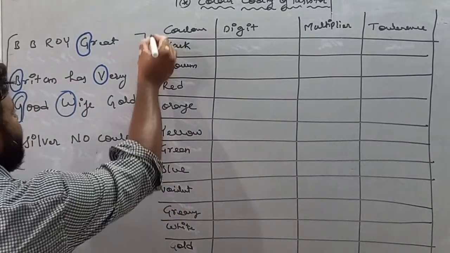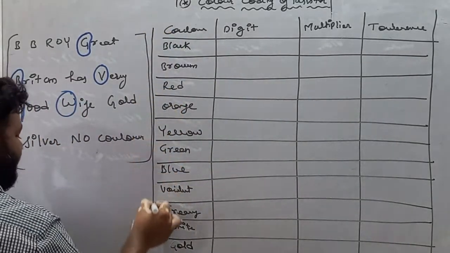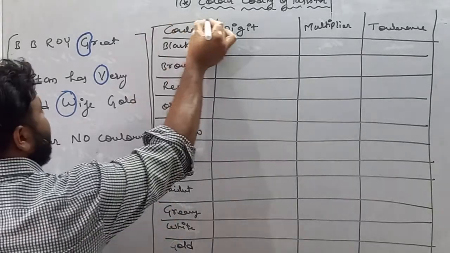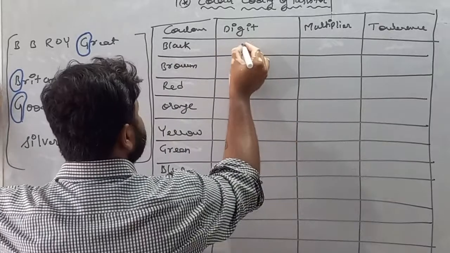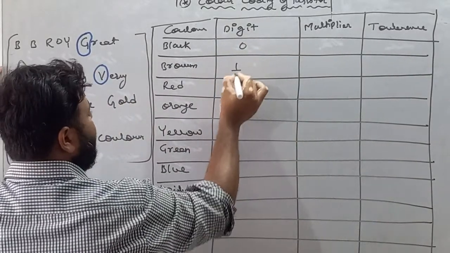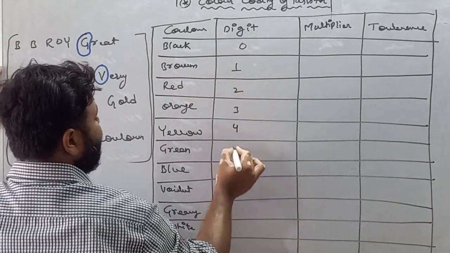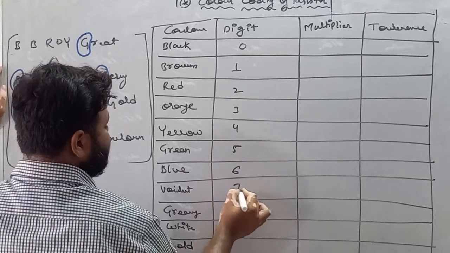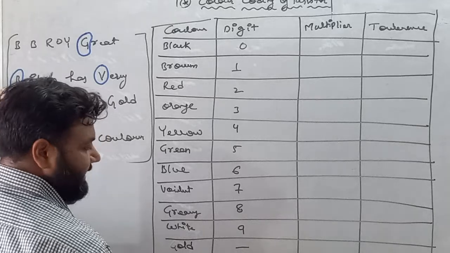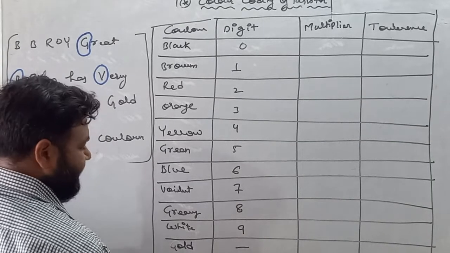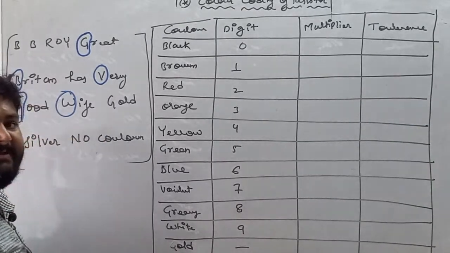Now, moving forward, this is basically color. Now we have to start writing digit. So start writing digit with 0: 0, 1, 2, 3, 4, 5, 6, 7, 8, 9. Digit for gold is nothing, for silver is nothing and for no color is nothing, my dear students.